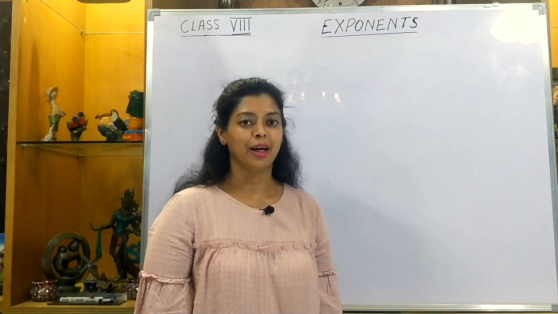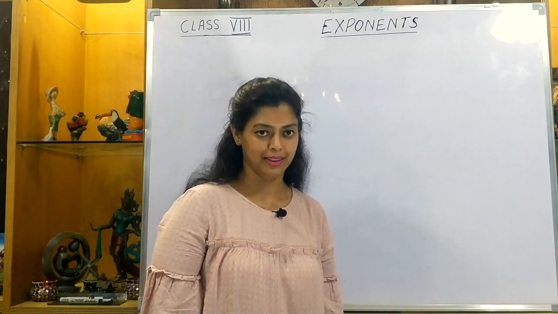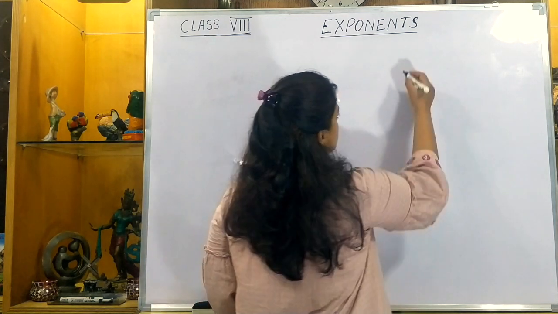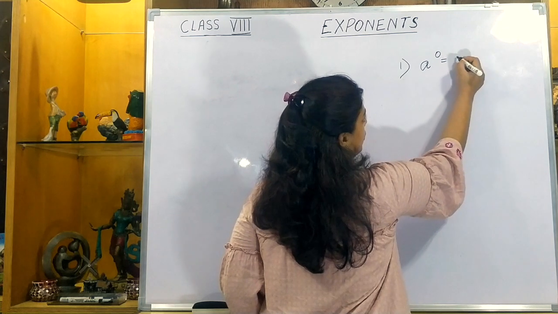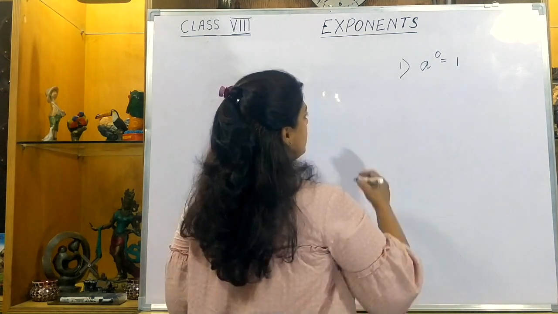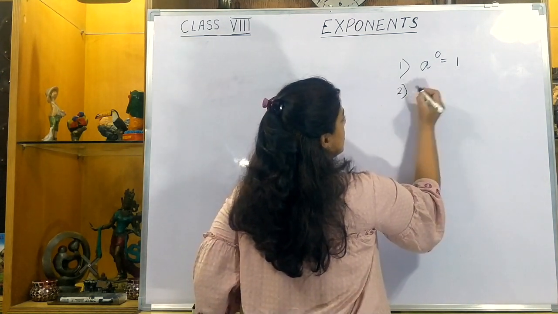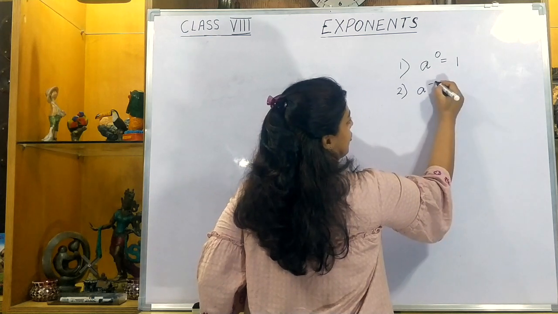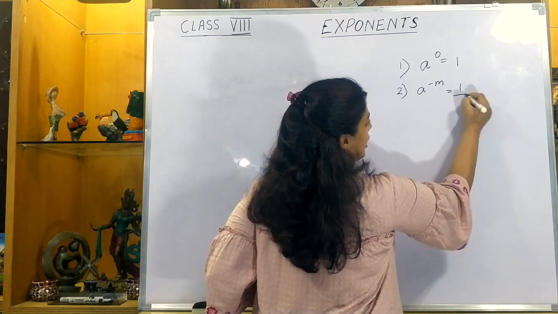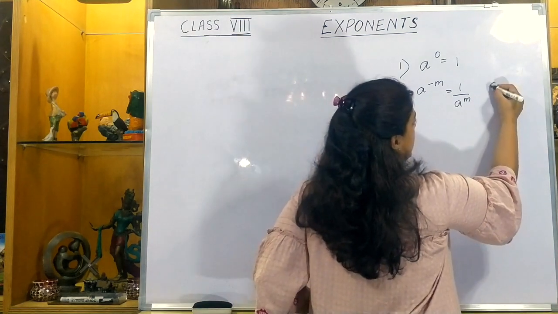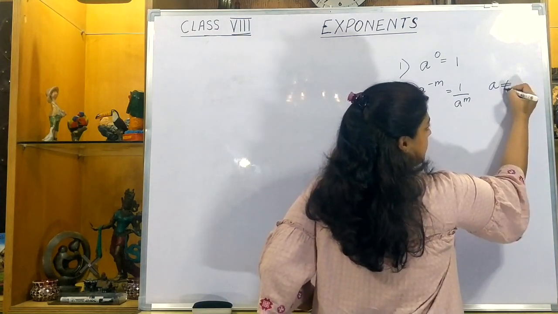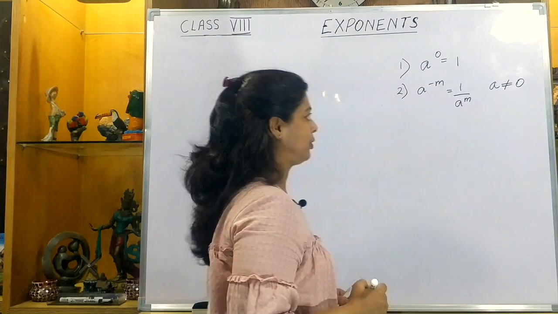I'll explain a couple of interesting facts about exponents. First one is a raised to the power of 0 is equal to 1, and the second one is a raised to the power of minus m is equal to 1 upon a raised to the power of m, where a is an integer which is not equal to 0.